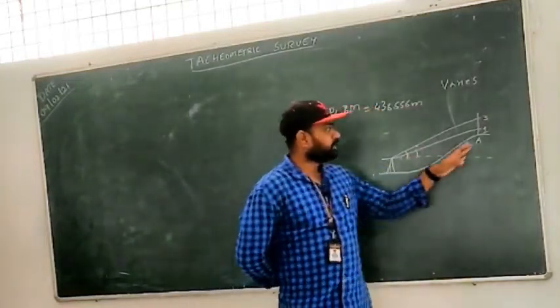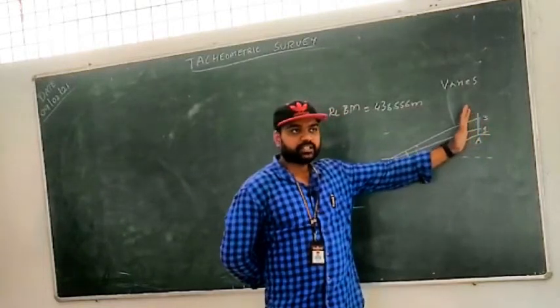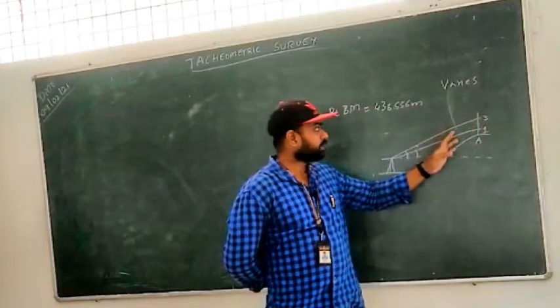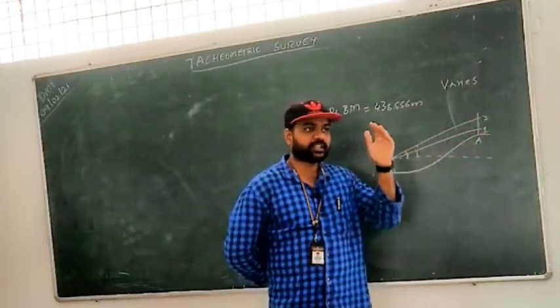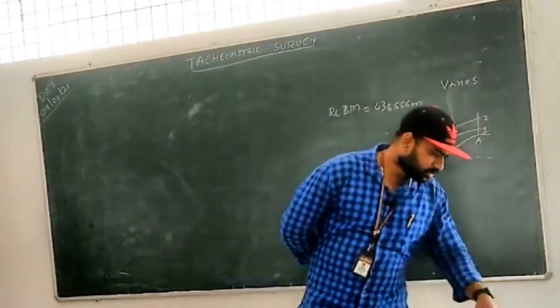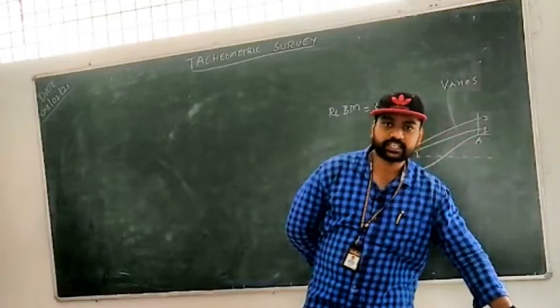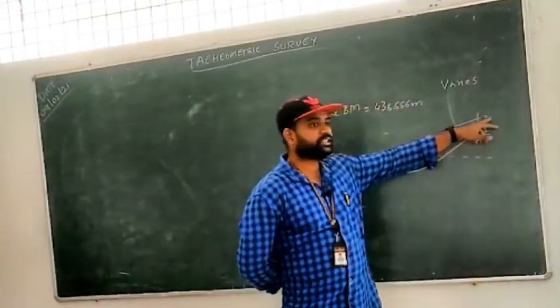Okay. One is your leveling staff you kept on station A. And the reading for the two vanes, top and bottom. So bottom, obviously, you will get less, top you will get more. So values are given. What are those values? 1 meter and 3 meter. So this is 1 meter, this is 3 meter.